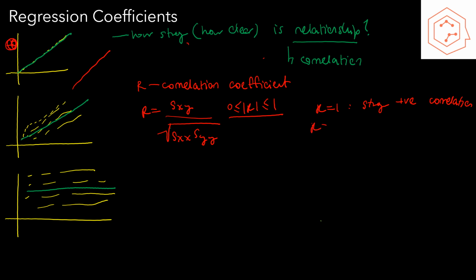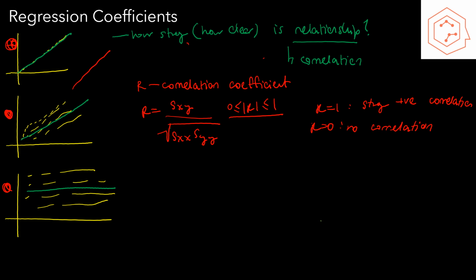If r is equal to 0, there is no correlation. So that's what's happening down here. If r is between 0 and 1, then there's a moderate correlation. If it's greater than 0.8, it can be considered strong. And if it's below, it's moderate. And if it's below around 0.5, it's pretty weak.